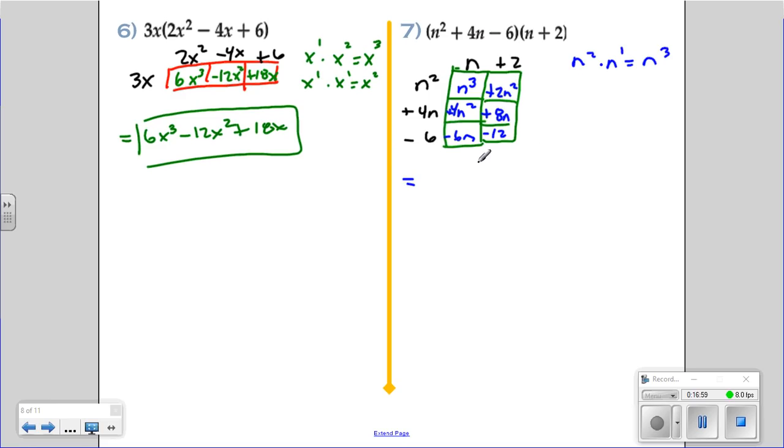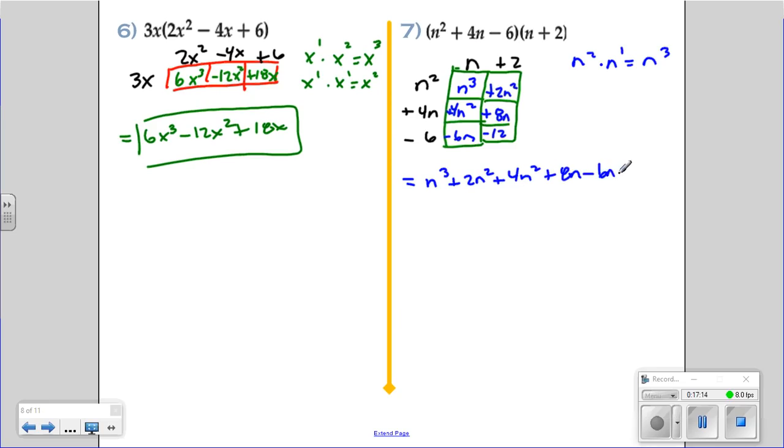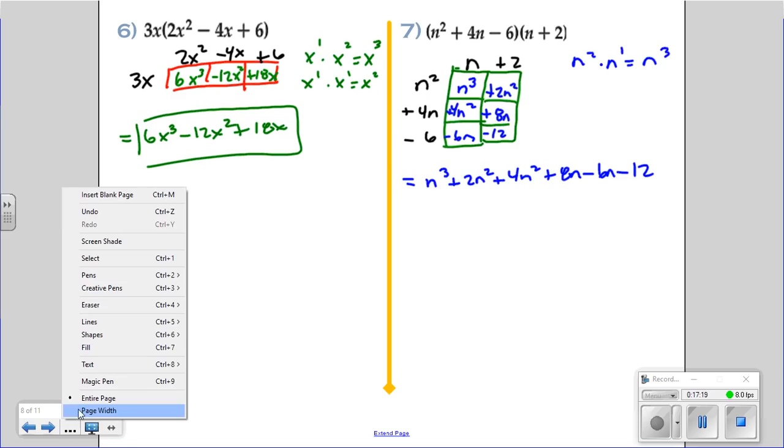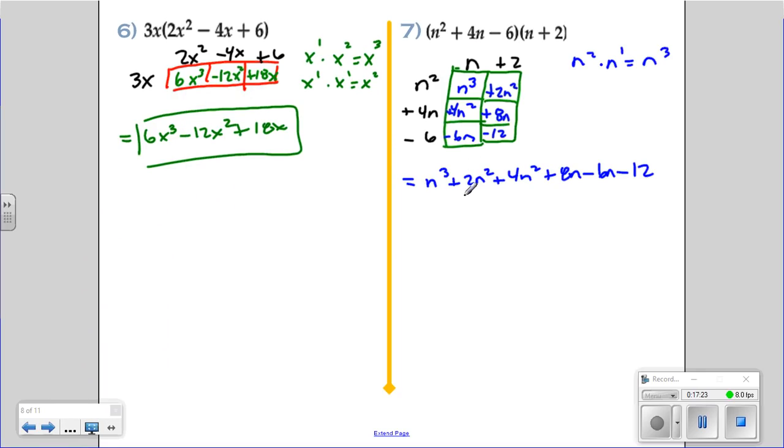So bring all the results outside of the box. You would have n cubed plus 2n squared plus 4n squared plus 8n minus 6n minus 12. Now, as you can see, I have some like terms that I can combine.